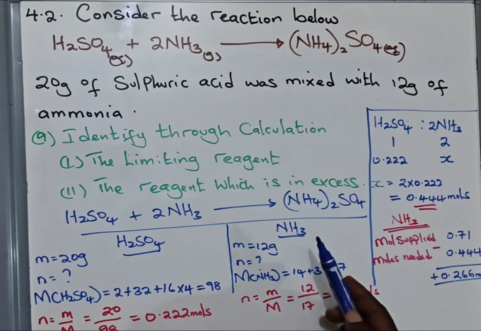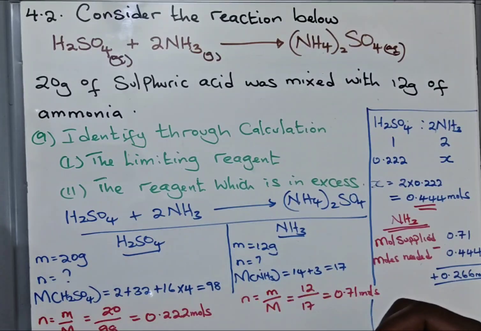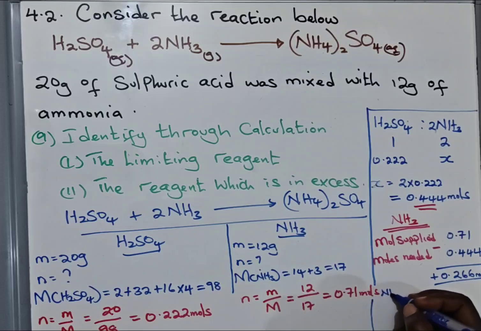So it means that for ammonia, what was supplied is more than what is required. So it means that ammonia, NB, ammonia is in excess.